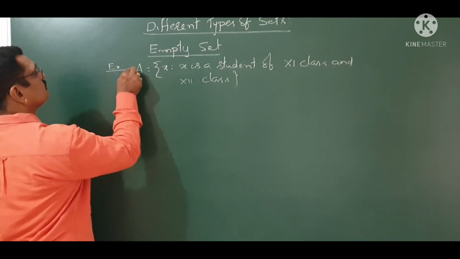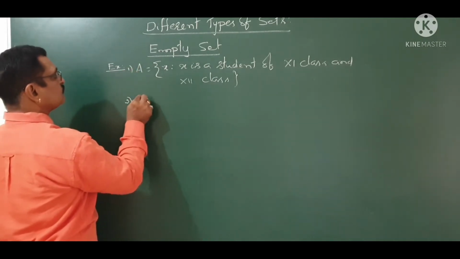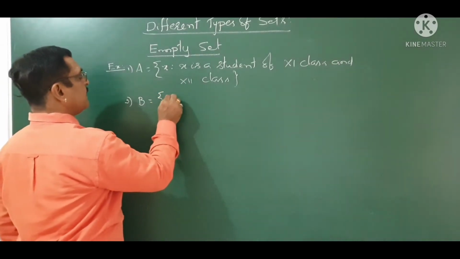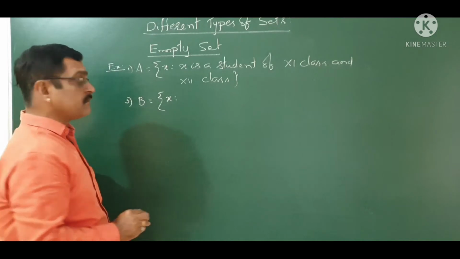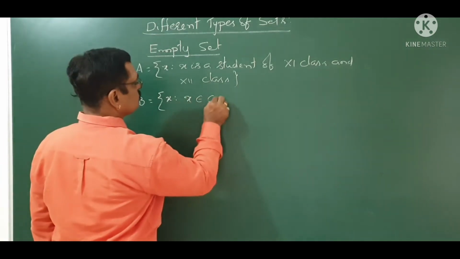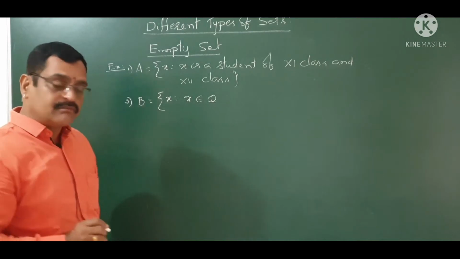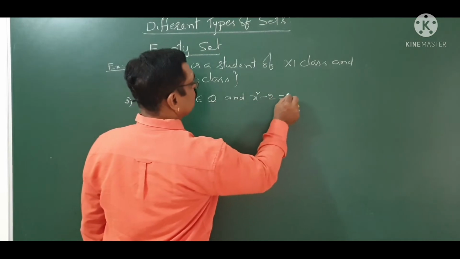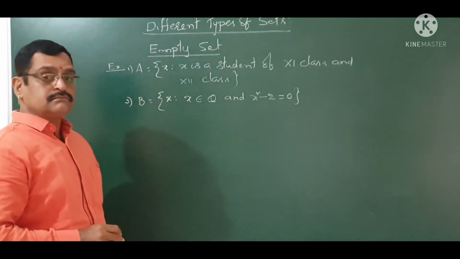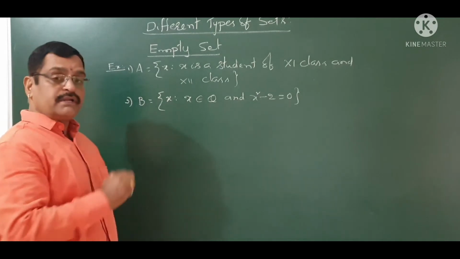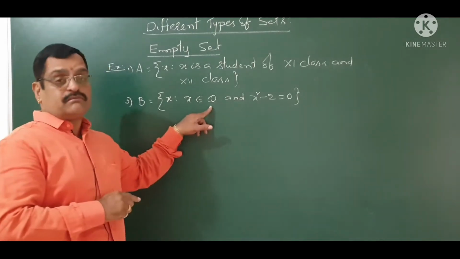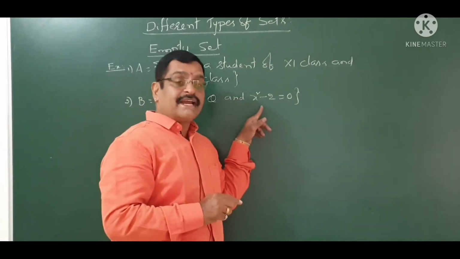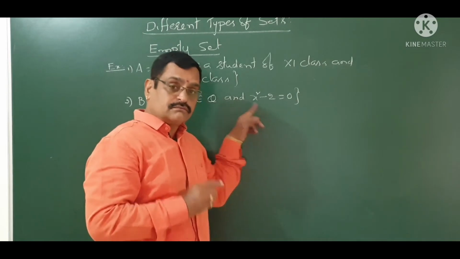Number 2. Let B be the set of x such that x belongs to Q. That means x is a rational number and x square minus 2 is equal to 0. That means we want all those rational numbers which are solutions of this equation x square minus 2 equal to 0.